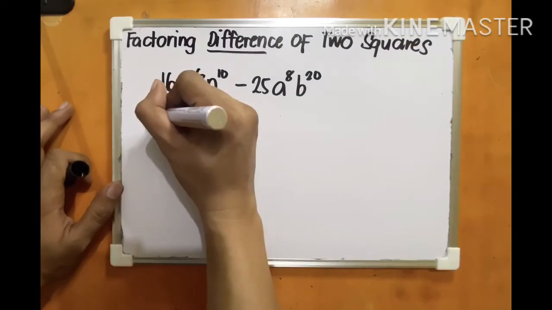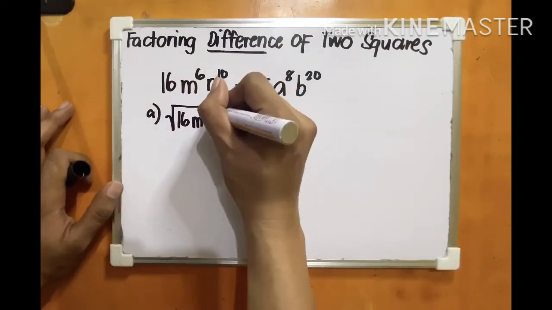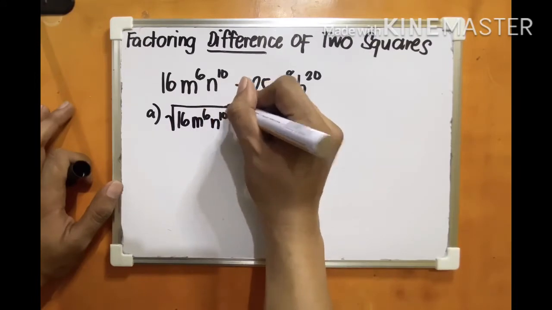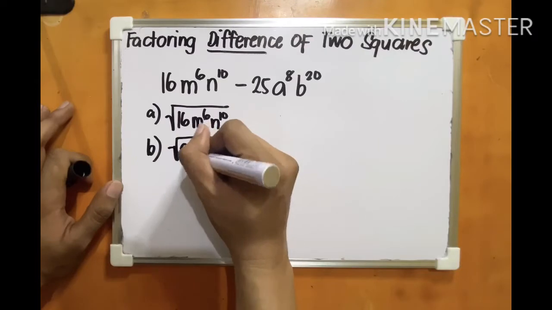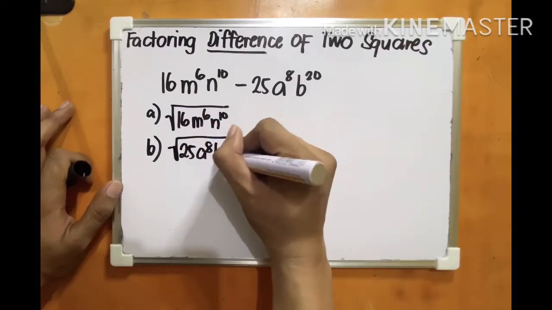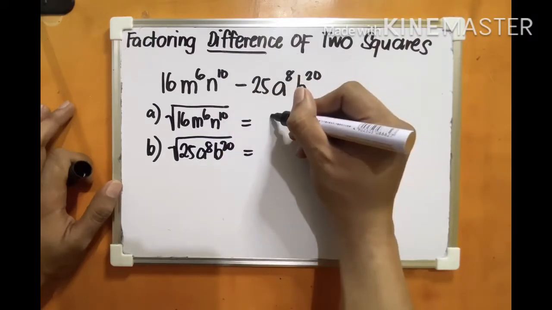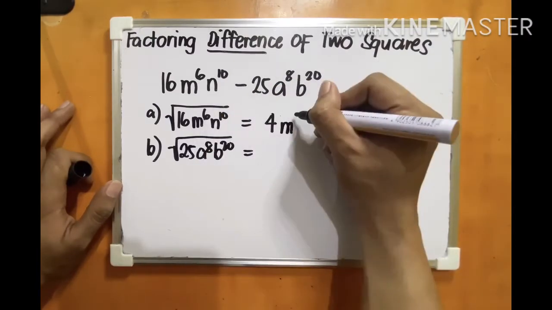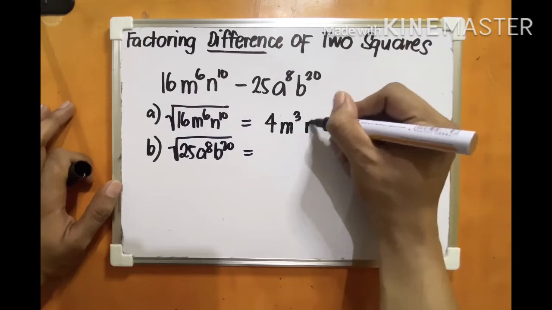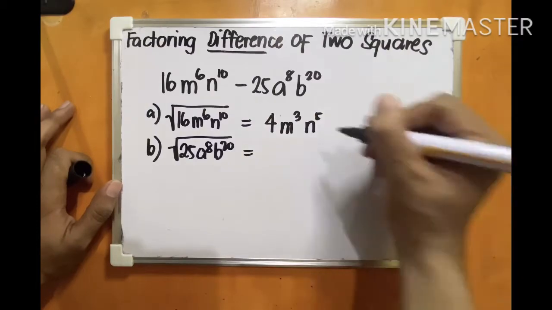So again, step A, square root of 16m⁶n¹⁰. Then letter B, square root of 25a⁸b²⁰. So square root of 16 is 4. Copy m. 6 divided by 2 is 3. Then copy n. So 10 divided by 2 is 5.